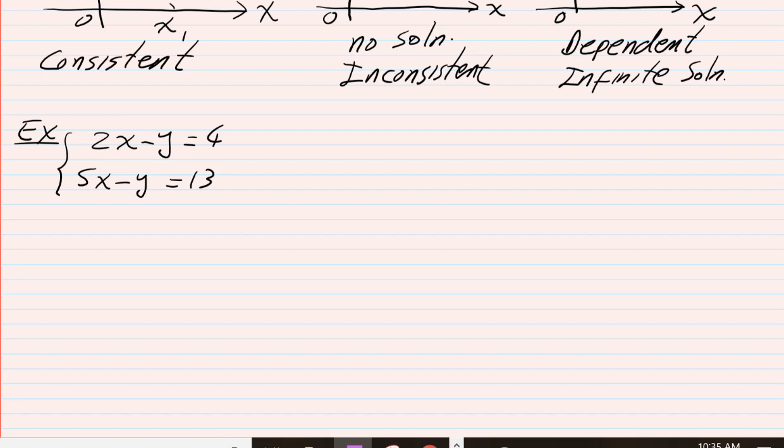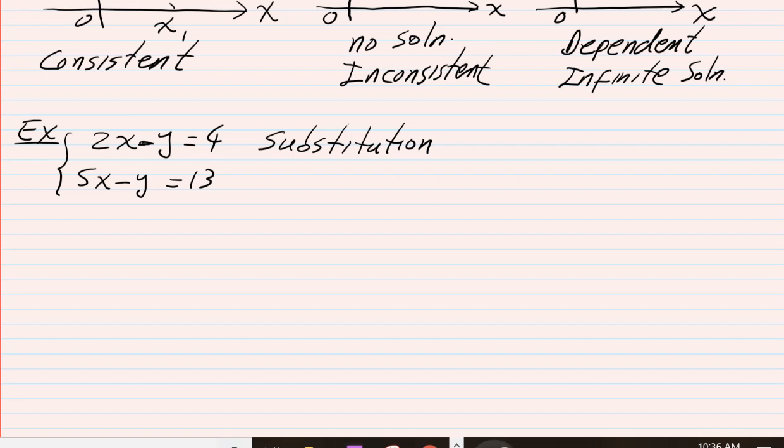I want to solve this system using both elimination and substitution, two different methods. Let's first take a look at the substitution method, where we have a choice of the variable and of the equation to choose from.